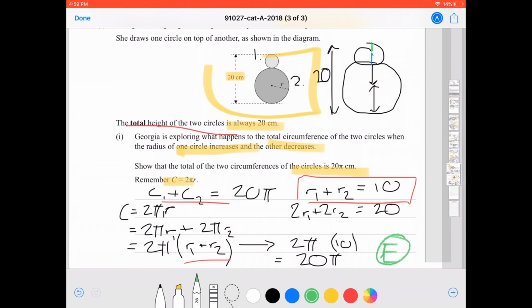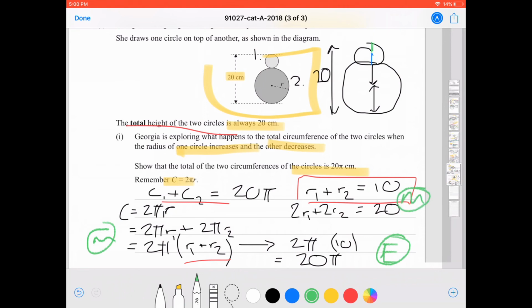Merit, numerical calculation using 2 different pairs of radii or diameters, or 2 correct procedures from the achieved in processing to a generalized solution. I think merit would be somewhere around here, or perhaps this discussion up here would help you get the merit.